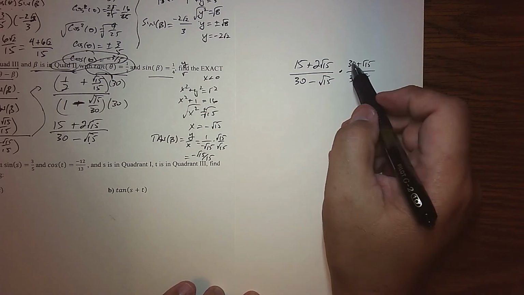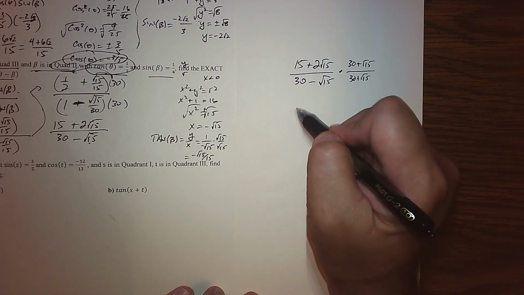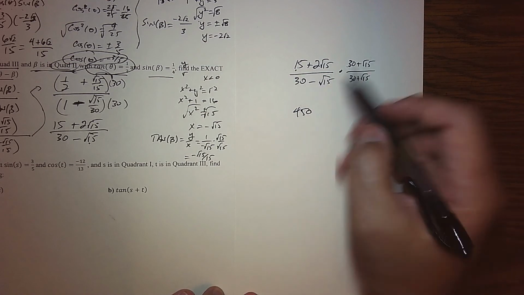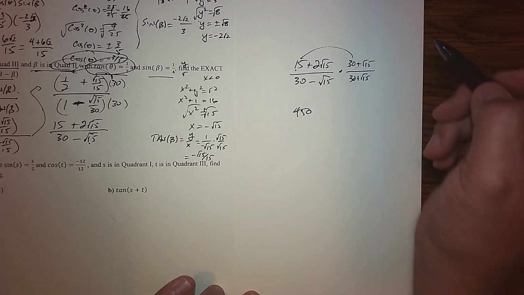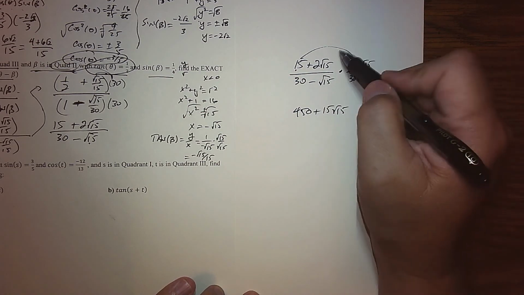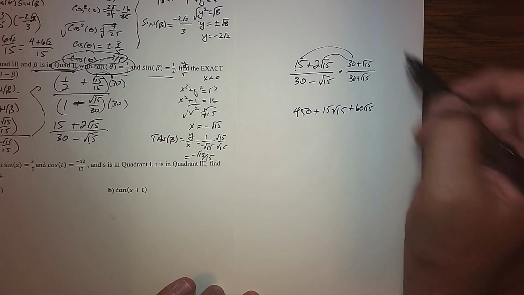Upstairs, 30 times 15 is going to be 450, right? Because 3 times 15 is 45 and a 0. Then we've got plus 15 square root of 15, and here we've got plus 60 square root of 15.